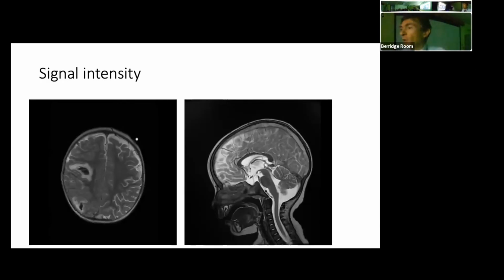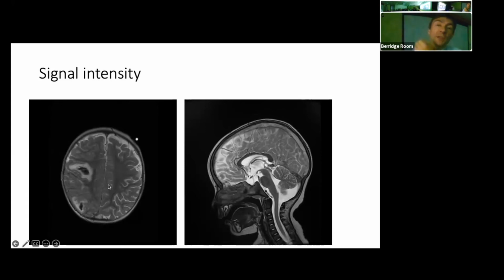And then when we look at the signal intensity of the sinus, we said that normally the sagittal sinus should be low signal on T2 if it's got flowing blood in it. And if it's thrombosed, you expect to see some higher signal within it. So you can see here the sagittal sinus with high intensity on the T2.